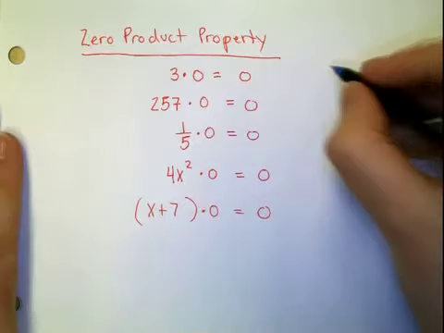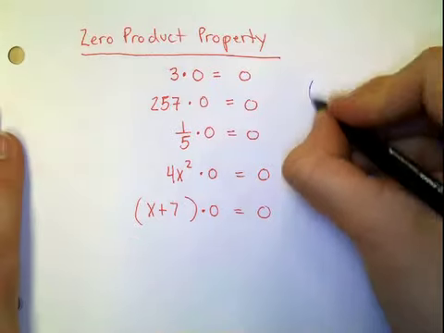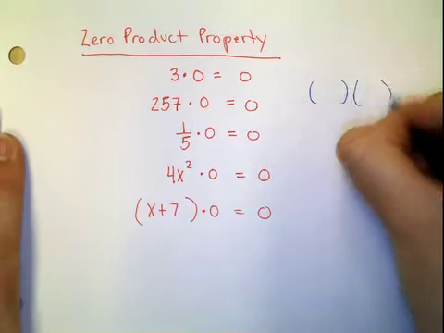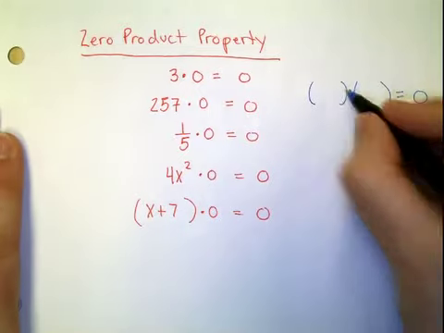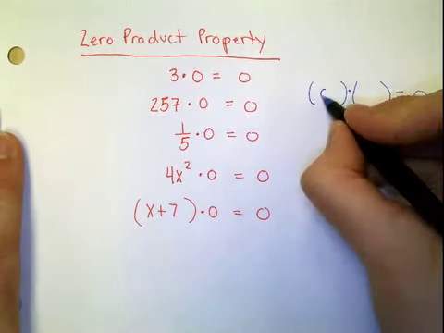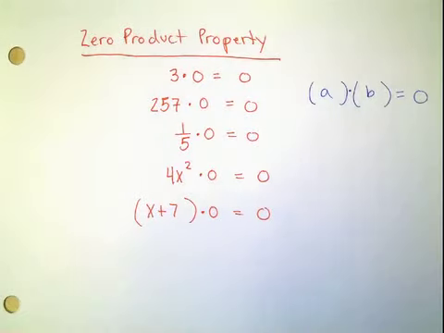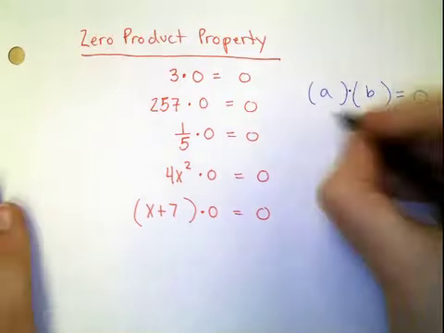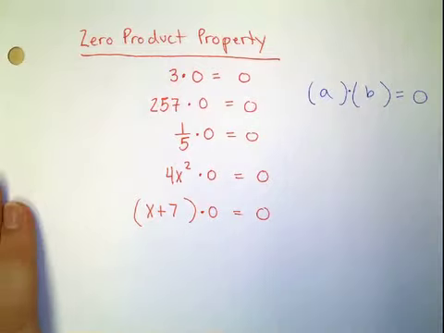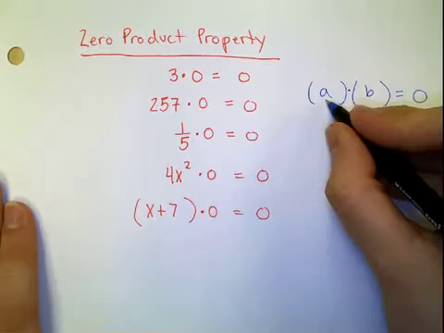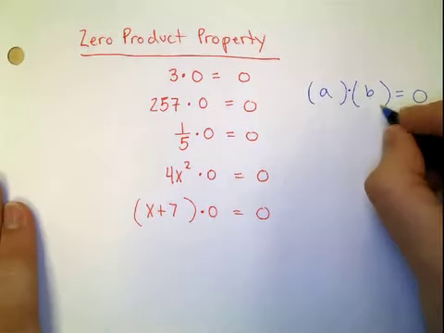If you have two things, I'm going to use parentheses, that are multiplied, and the answer is 0, in this first parenthesis I have A, and this is B. A and B can be any numbers I choose. If it's multiplying and it gets you 0, one of these has to be 0, doesn't it? So either A equals 0 or B equals 0.